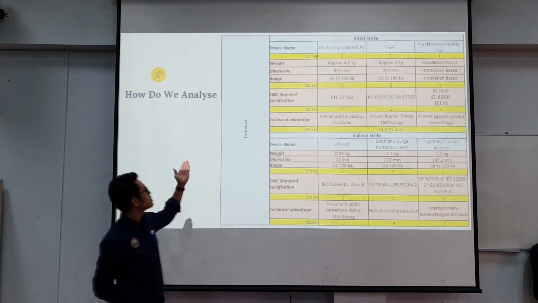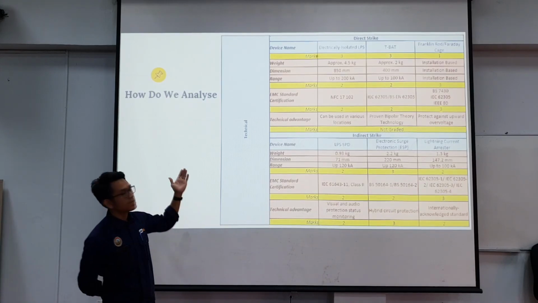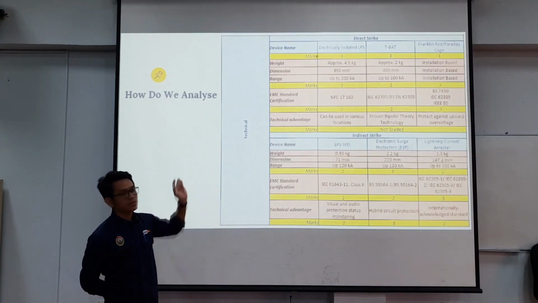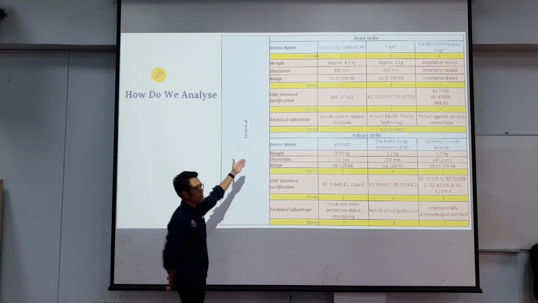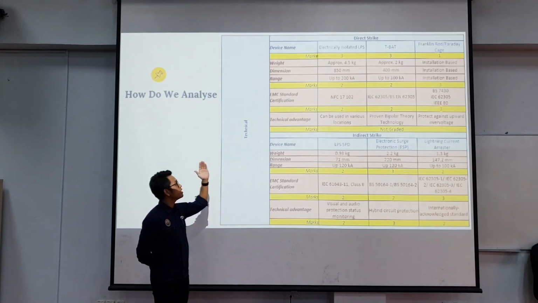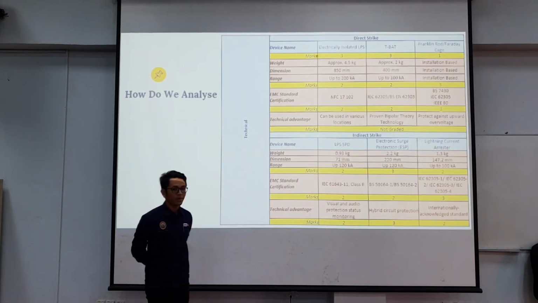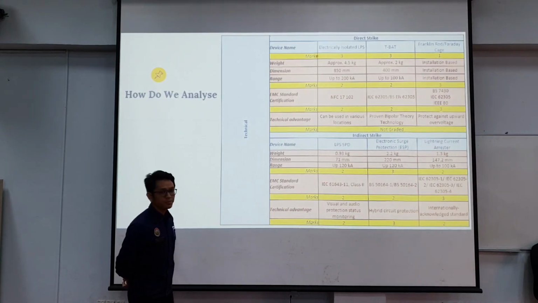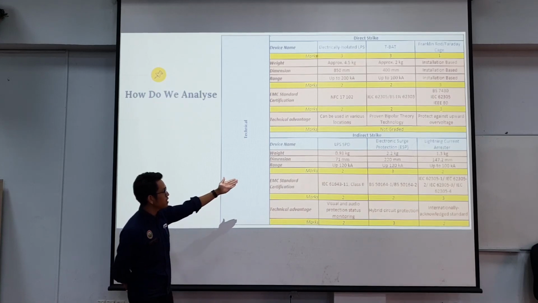For the direct strike, we have 3 devices, which is EI isolated LPS, T-BUT, and friendly lock. So this is our graded mark that we give to the 3 companies. And for the indirect strike, we have LPS also, ESP, electronic access protection, and for the last one, lightning current arrestor.